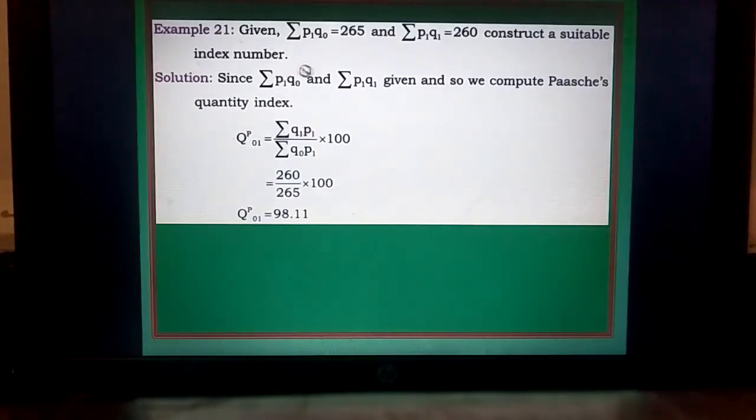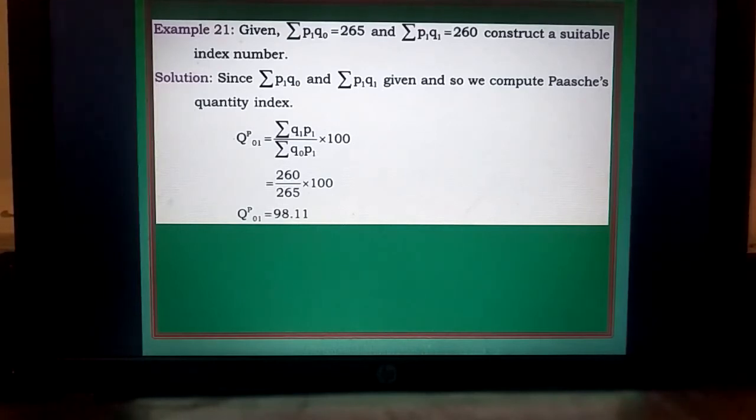Given sum of P1 Q0 is equal to 265 and sum of P1 Q1 is equal to 260, construct a suitable index number. All these are very important questions for 2 mark students. Concentrate properly.